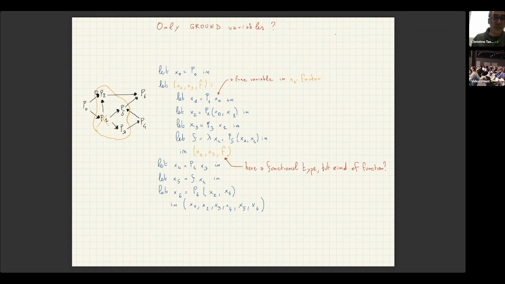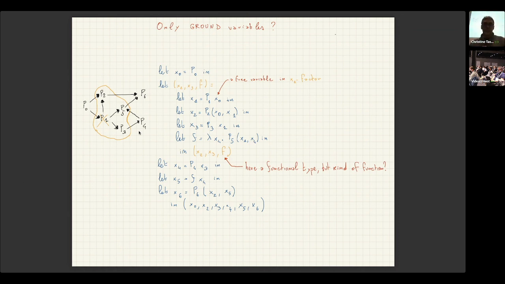The problem of this representation is that here we have some outputs, so the output of P3 and the output of P5 and the output of P2. But the problem is that the output of P5 depends on an input, P4, that actually depends on another output of the same factor. So we have a kind of cyclic dependence.